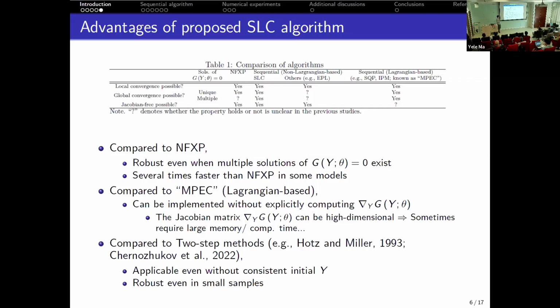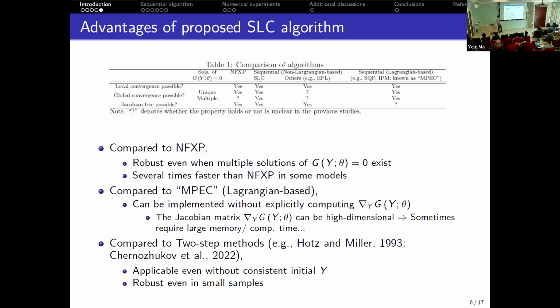And compared to NPEG, namely a Lagrange multiplier based approach, the SLC can be implemented without explicitly computing the Jacobian matrix of G with respect to Y. So basically, the Jacobian matrix can be high dimensional, especially when the dimension of the nuisance parameter Y is very large.